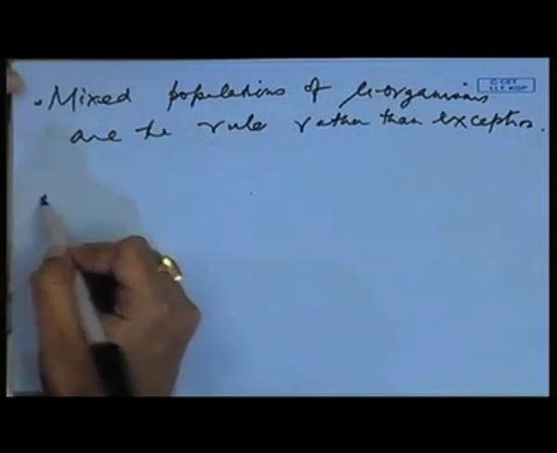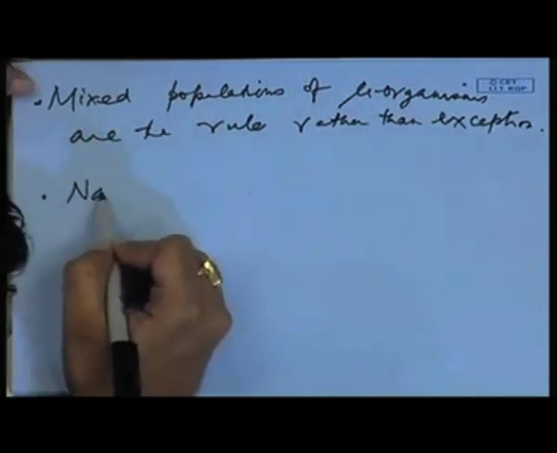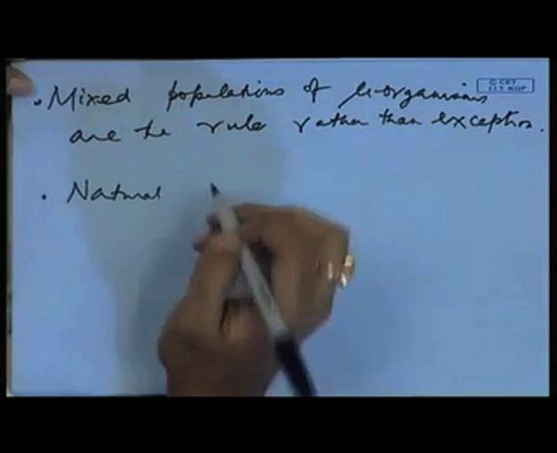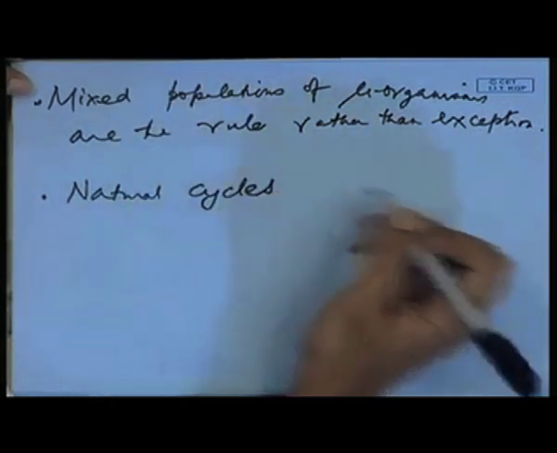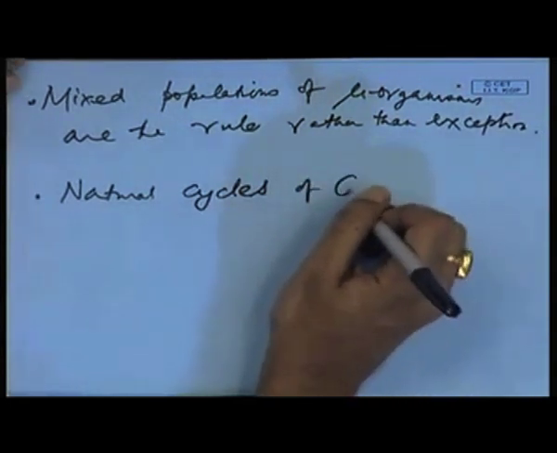And natural cycles, what is their role actually? Why are these multiple interacting growth models or multiple interacting bacteria important?